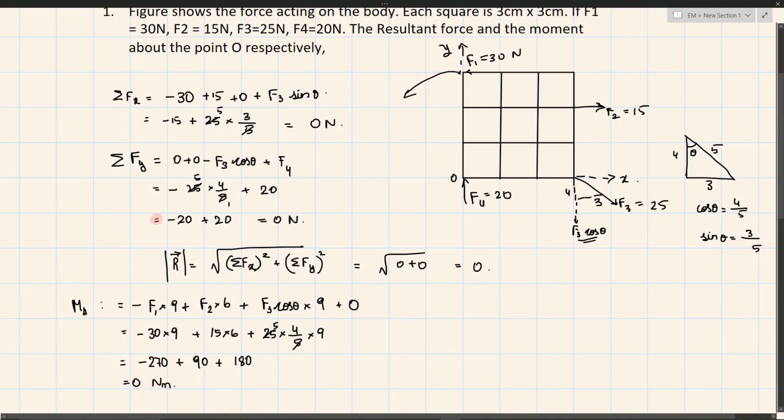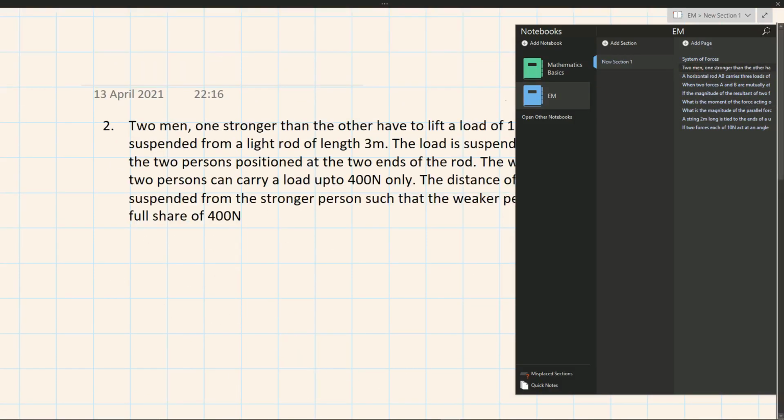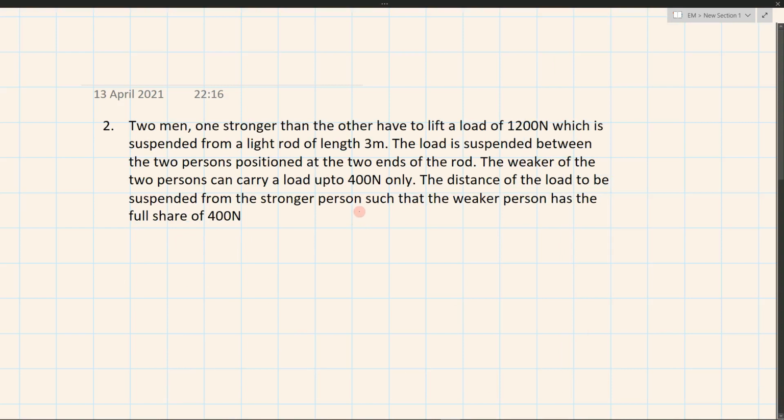Okay, so we have the second question. Two men, one stronger than the other, have to lift a load of 1200 Newton, which is suspended from a light rod of length 3 meters.